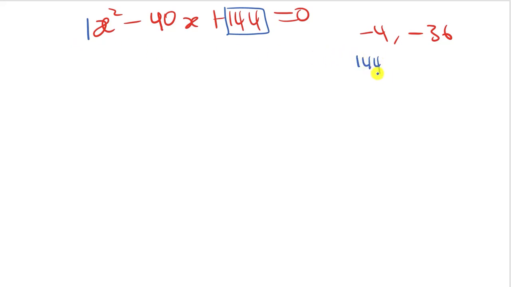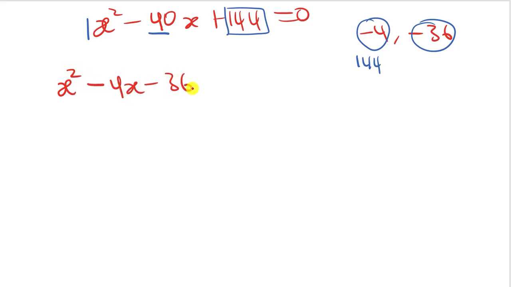So the two numbers which when you multiply you get 144, but when you add you get negative 40, are minus 4 and minus 36. If that is the case, then we are going to have x squared minus 4x minus 36x plus 144 being equal to 0. So we take the first two and factorize.